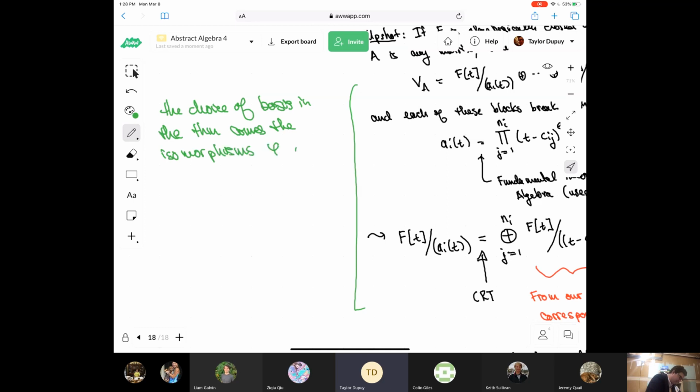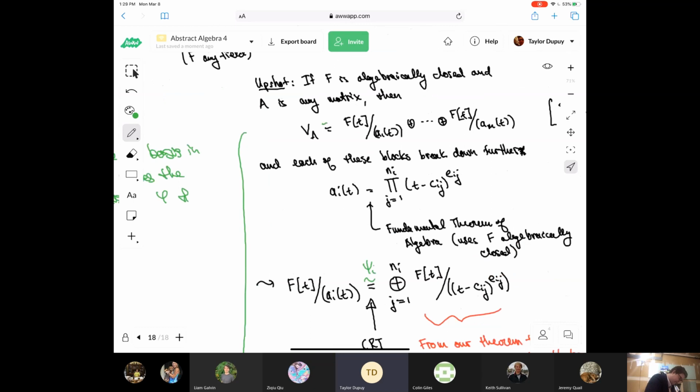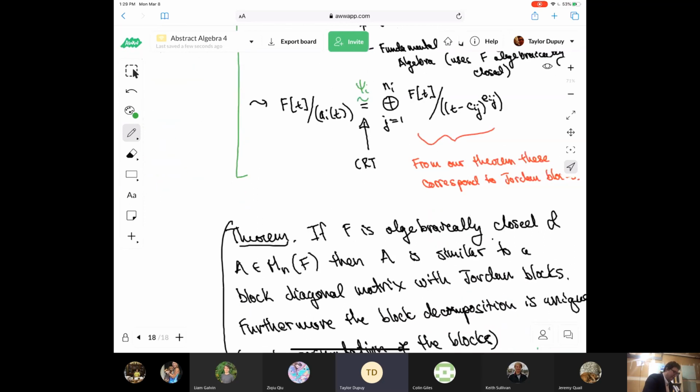Let's call them phi and psi_i. So this is one isomorphism, psi_i, and this is another isomorphism, phi. Using these isomorphisms gives you the basis that puts you in rational canonical form, and then the basis that puts you in Jordan canonical form.